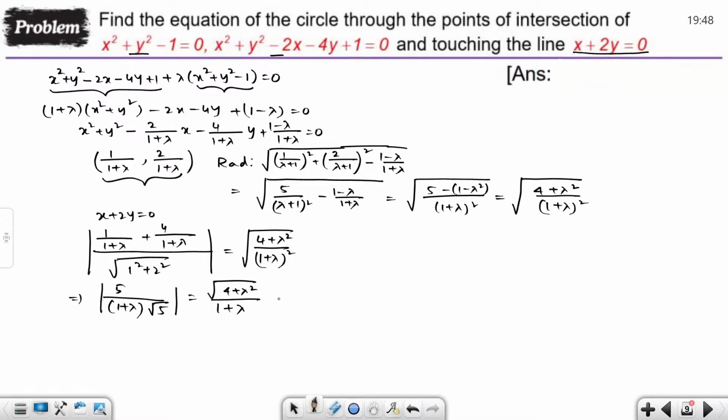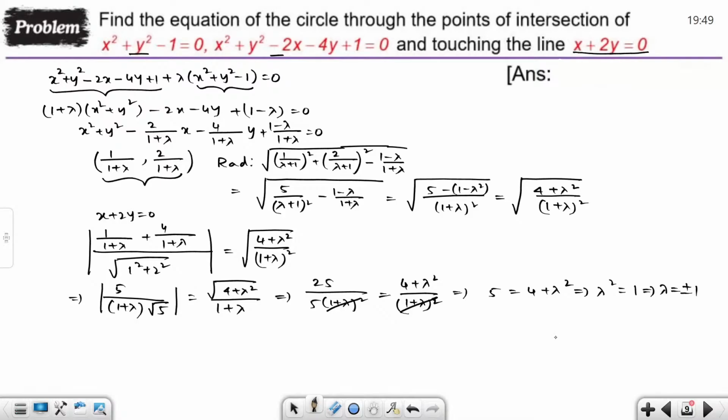So if we square both sides, we are getting this, this goes off. So we are left with lambda square equals 1, which implies lambda equals plus minus 1.